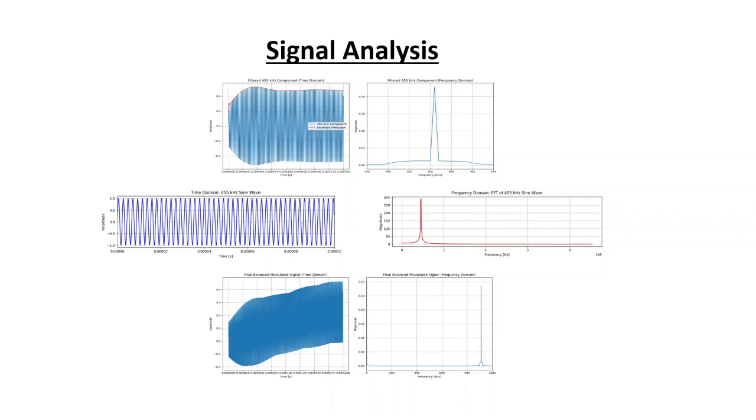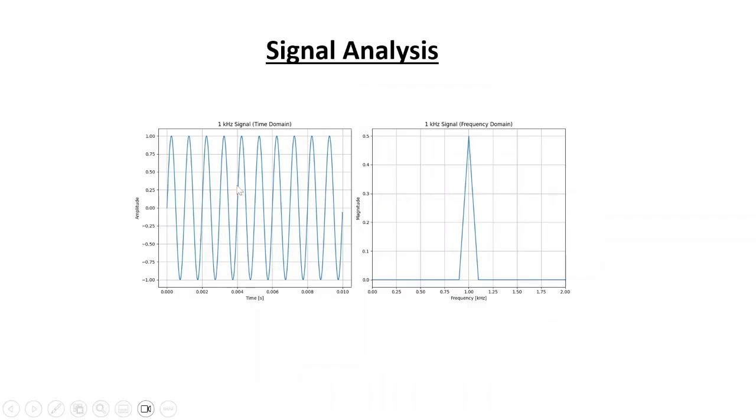So after passing through a low pass filter, you can get your original message signal, and in this example it is 1 kilohertz. All right, now we will move towards some experiments to see what will happen in real life. Okay, so let's move here.